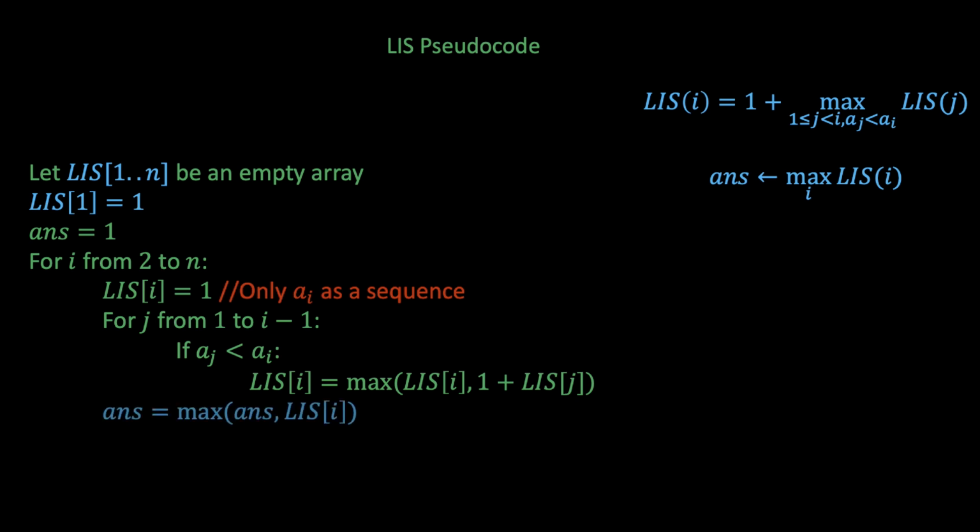Finally, once we've computed LISi correctly, we take its max with answer, and finally return answer after the two loops terminate. The algorithm takes O(n squared) time because there are two nested loops and each of them do O(n) work.